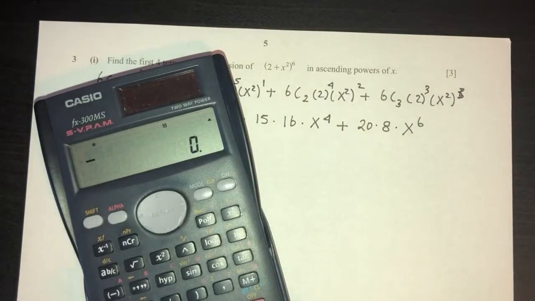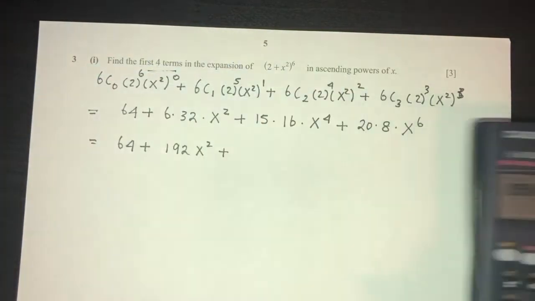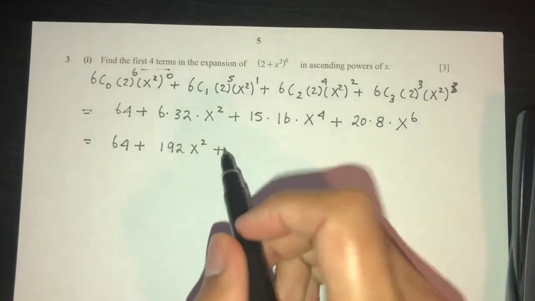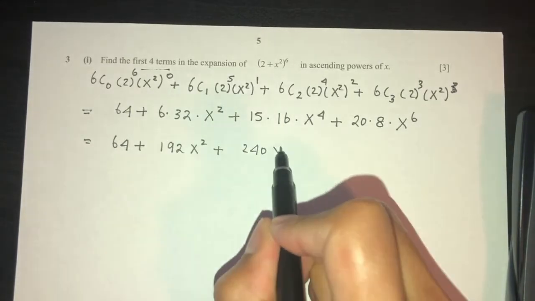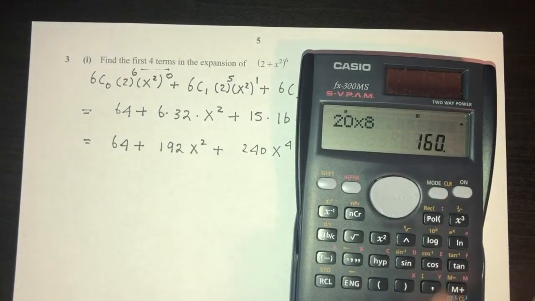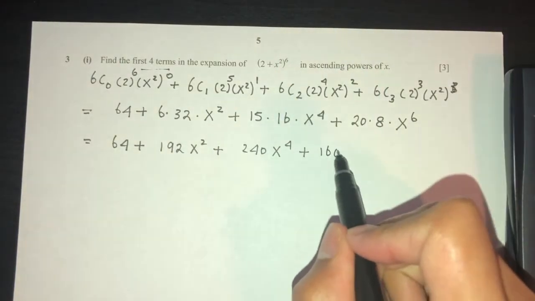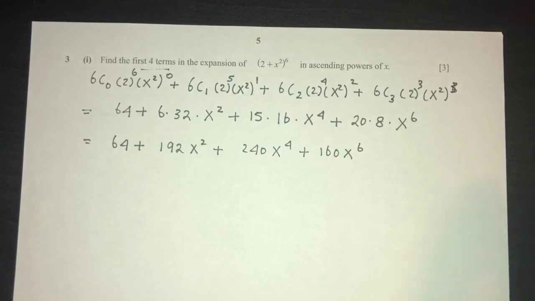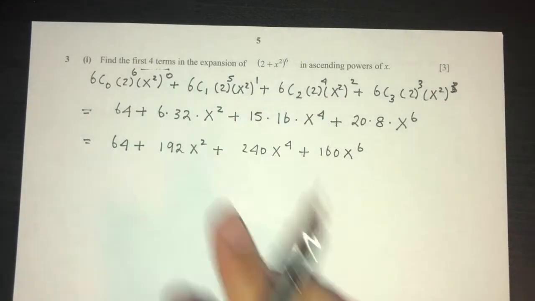So here we have 15 times 16, that should be 240, x power 4, and plus, so 20 times 8, that should be 160, x power 6. That is your first four terms of this expansion.